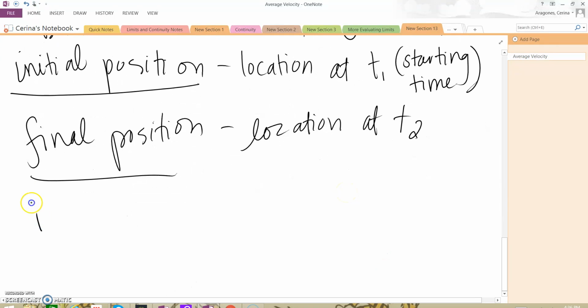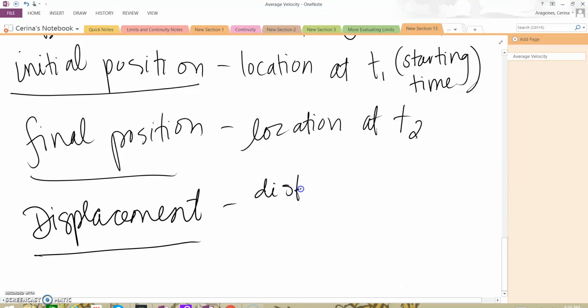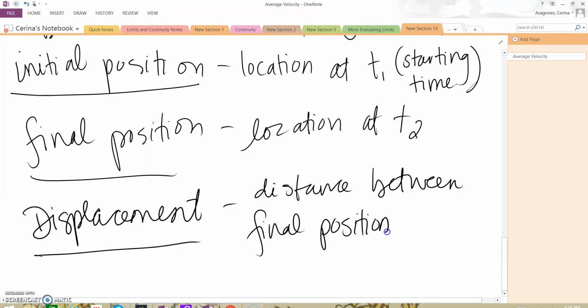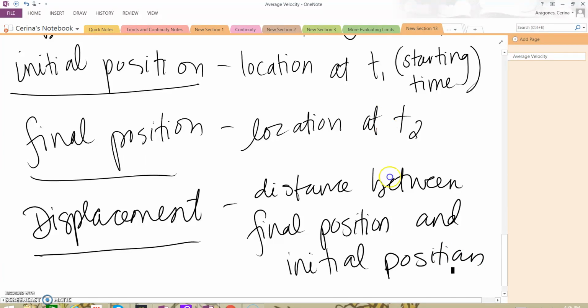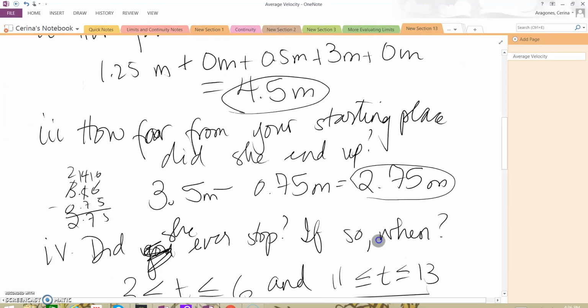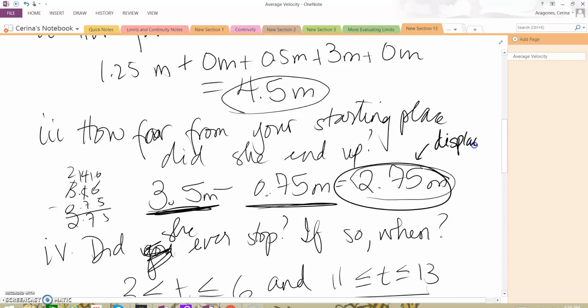Your displacement is your distance between your final position and your initial position. So just like in Veronica's slope walk, you can see, I ended up at 3.5 meters. I started at 0.75 meters. So my displacement is 2.75 meters.